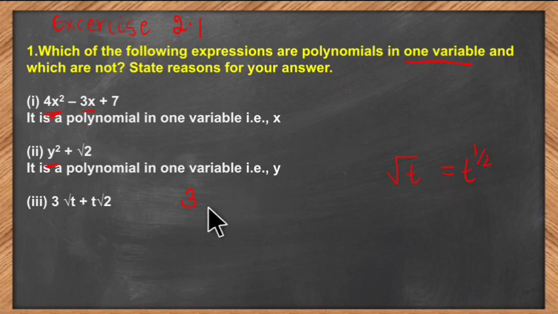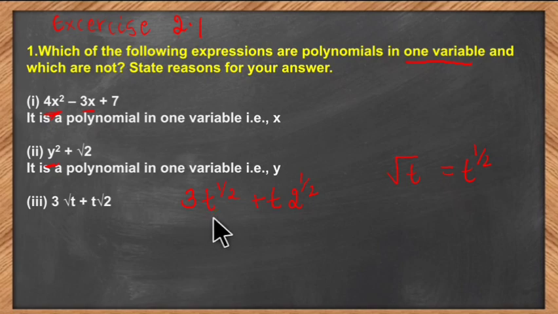So this question we can write as 3 into t to the power half, and t into 2 to the power half, or we can write the number as it is. In a polynomial, the number may be any real number, a root, a rational number or an irrational number, that doesn't matter. Mainly you should see the variables, only the alphabets.